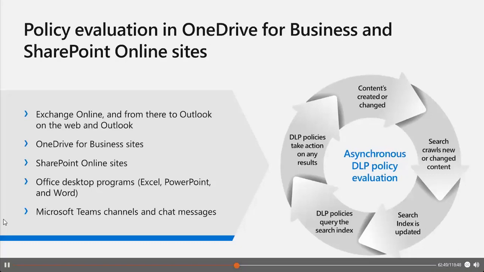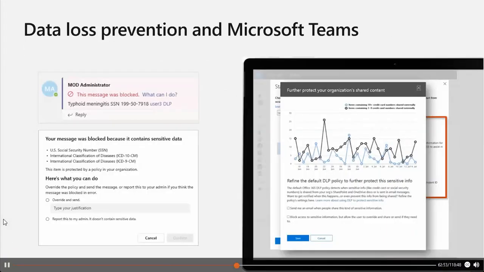There's a specific part about Microsoft Teams. Specifically in this slide we see exactly this example about data loss prevention in the Microsoft Teams application. So you see the policy tips that can help and educate your users, like you have seen here, that the message was blocked due to sensitive content.